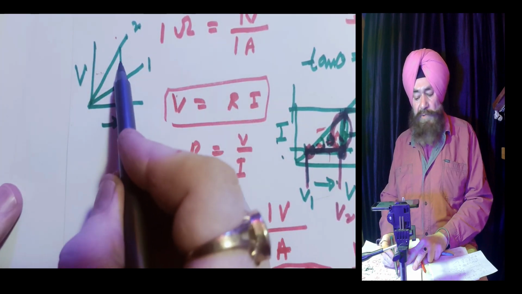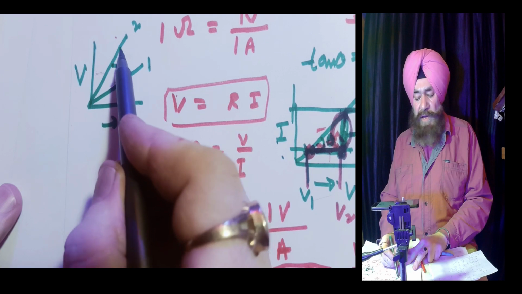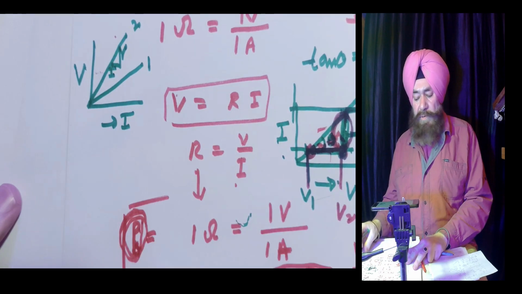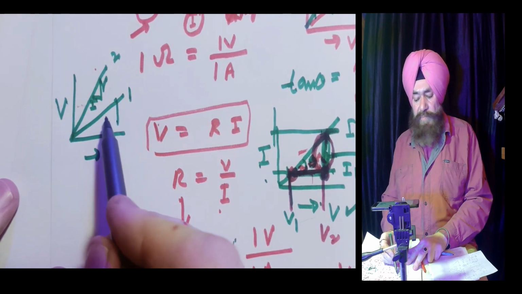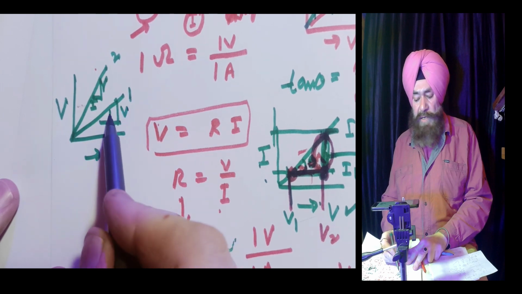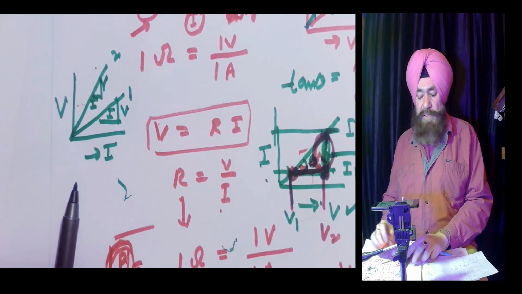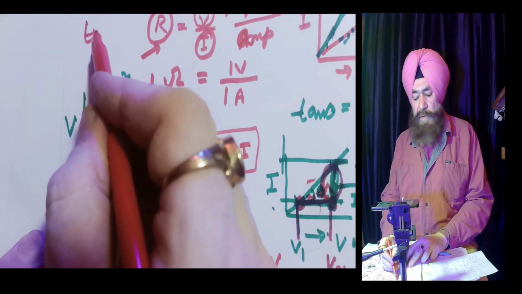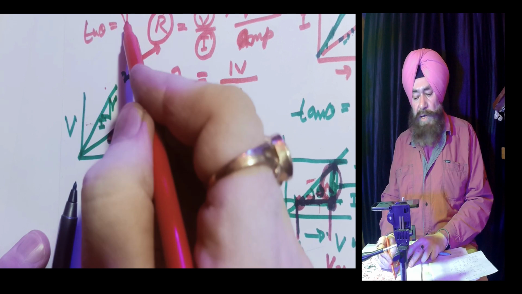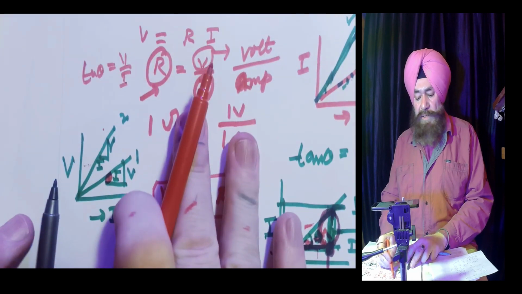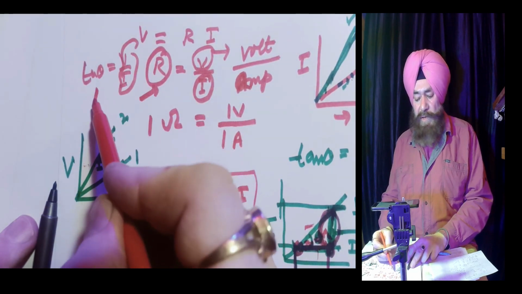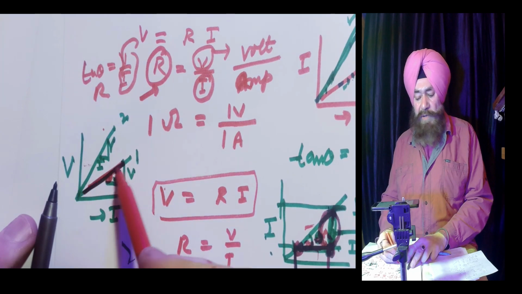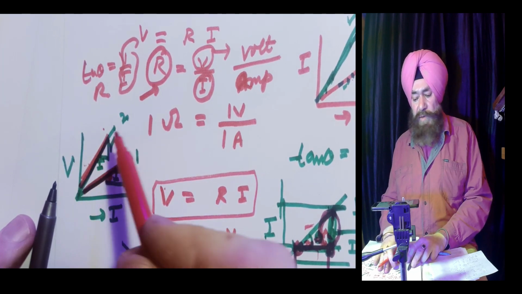Now here the slope directly gives you the resistance, because this is V and I. Okay, graph, V is here, I is here. So tan theta equals V upon I. V upon I is resistance. So this slope directly gives you the resistance.